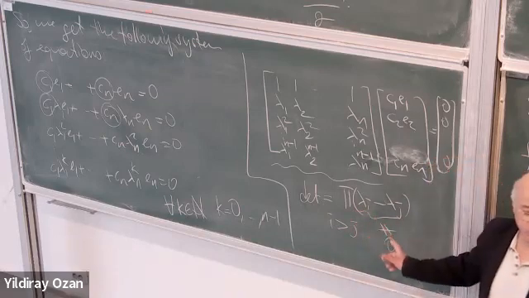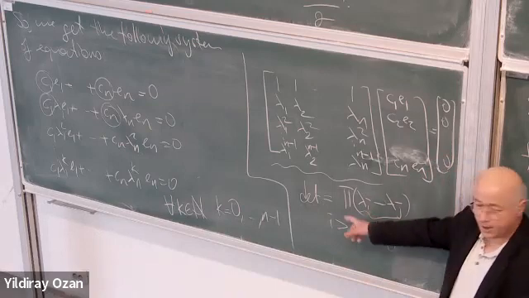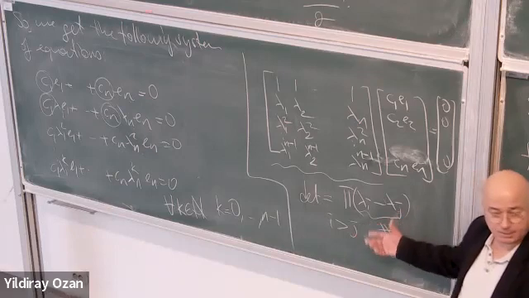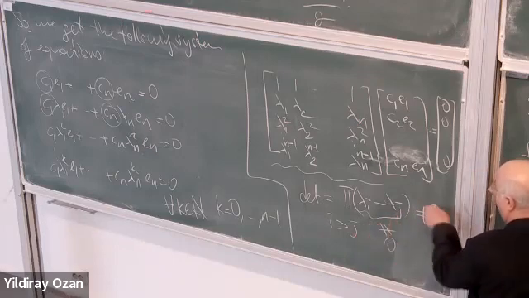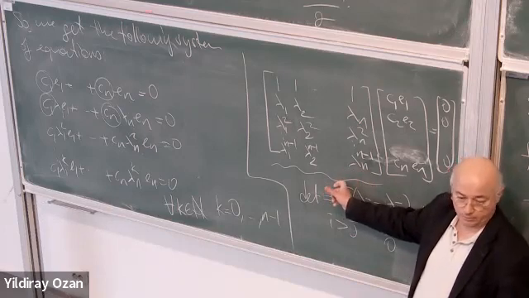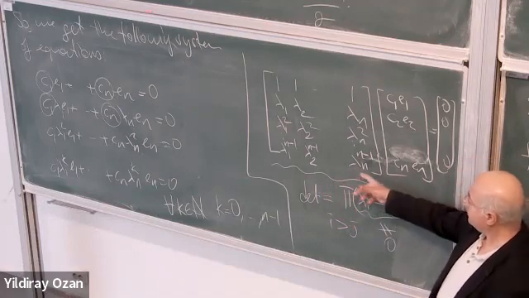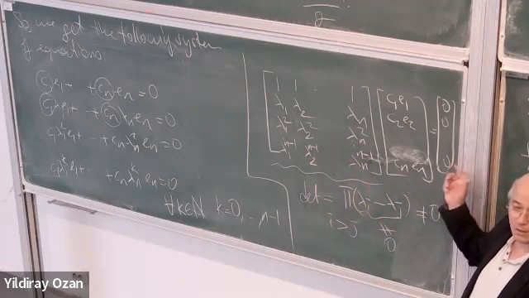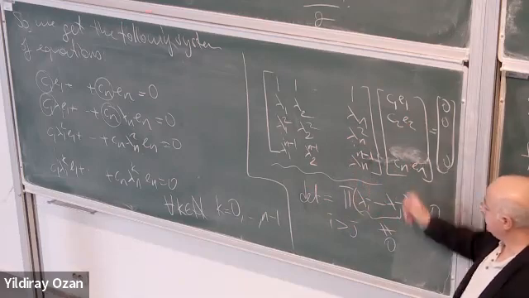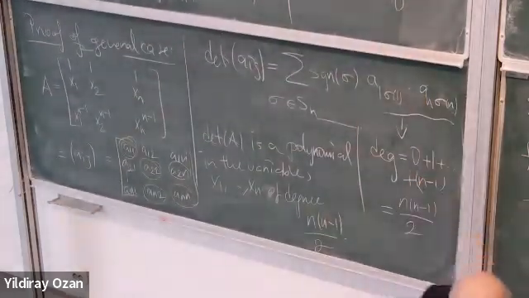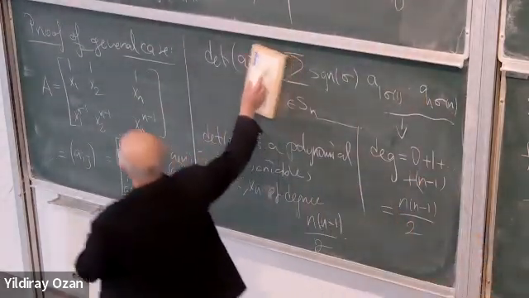They are never equal to each other. So this is a product of a bunch of non-zero scalars. Therefore, this product is not zero, and therefore this matrix is invertible. If it is invertible, I can just multiply this equation by the inverse and obtain zero. Therefore, this column should be zero. So this is what we are going to obtain.